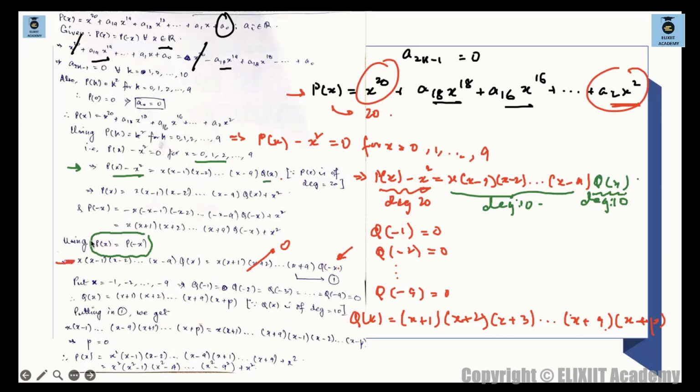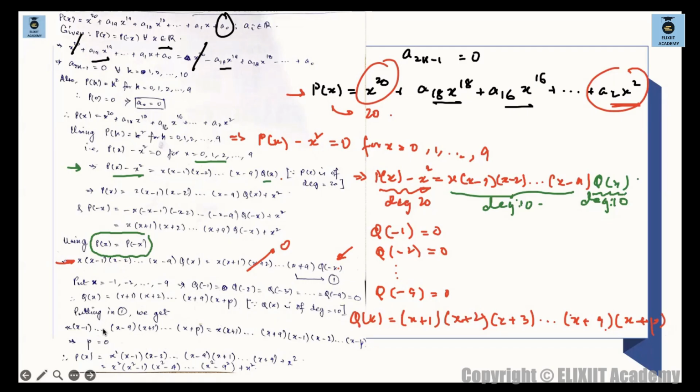Here, simply take this value of q(x) and put it over here. So x into (x minus 1)(x minus 2) and so on till (x minus 9) into q(x). Now plug in the value of q(x): (x plus 1)(x plus 2)(x plus 3) and so on till (x plus 9) times (x plus p).